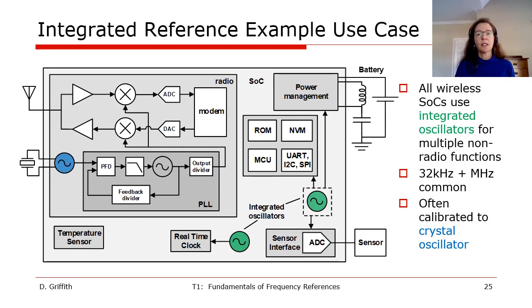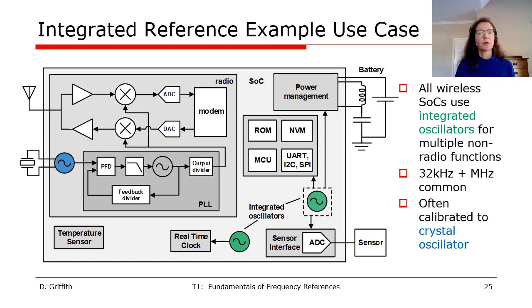So this slide shows an example use case for an integrated frequency reference. Here we see the block diagram for a wireless system on a chip. It includes a radio, both a receiver and a transmitter, to the left over here. It includes a non-volatile memory, a microcontroller, a serial interface, a sensor interface, and a temperature sensor. All of these wireless SoCs use multiple integrated oscillators for their non-radio functions, which are shown in green here.